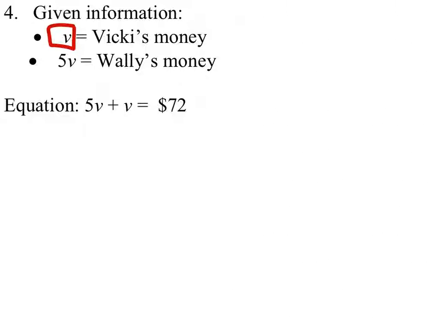It sounded like more of a statement: Vicky's money is V, and Wally's money is 5 times Vicky's money. That sounds like a statement to me. So, let's rephrase it into a question. How much money does Vicky have? Alright, so that's that part.